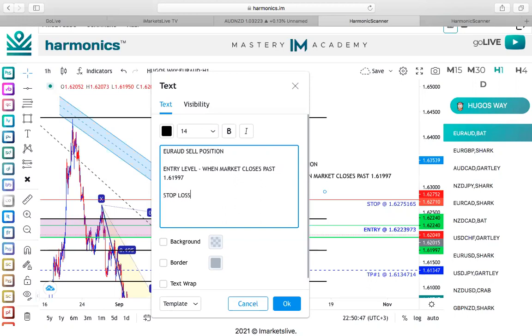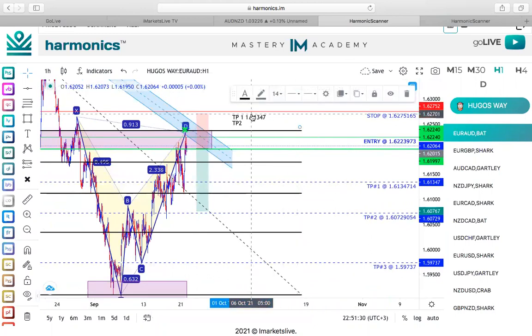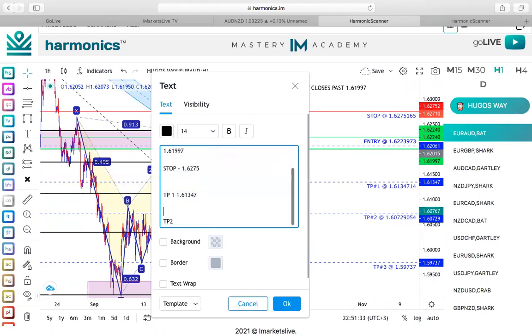Stop loss 1.6275. TP1 is 1.61347. TP2, looking for TP2. So for TP2, I have 1.60729.